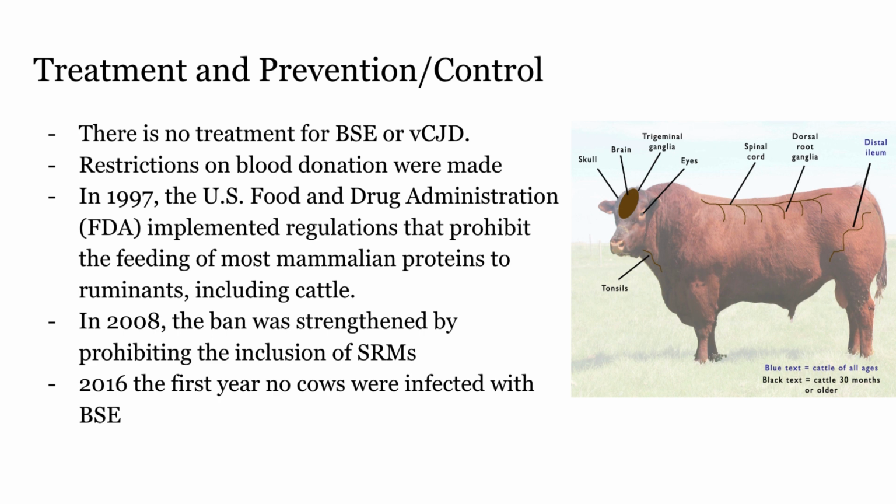And it included prohibiting the inclusion of SRMs, which include the brain, spinal cord, eyes, skull, their vertebrae. They couldn't include any of that in animals 12 months over age in any animal feed.